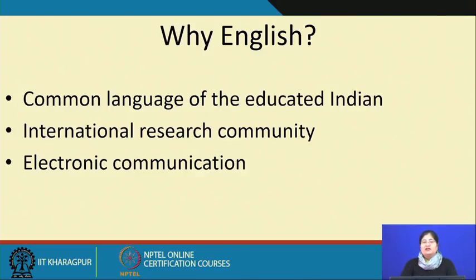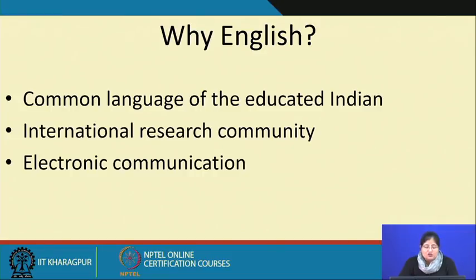It is the language that we communicate in, despite our cultural differences, despite our linguistic differences, despite the diversity in the country. English and Hindi are two languages that tie us together. In fact, Hindi is the national language, and English has slowly come to be accepted as a lingua franca in many states. So these two languages tie us with each other.